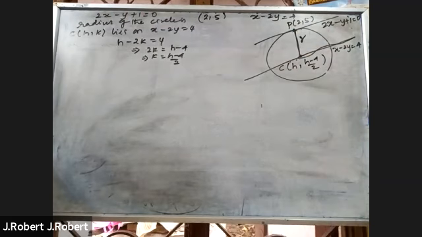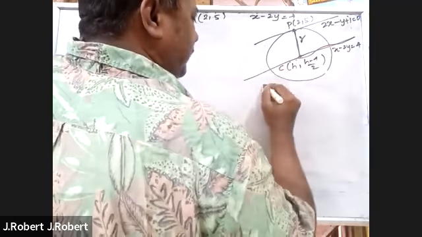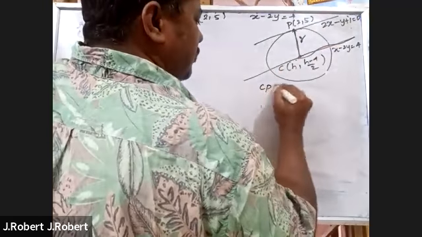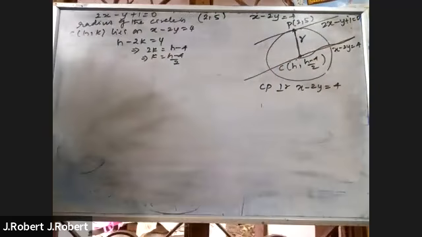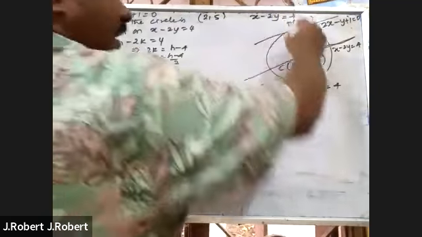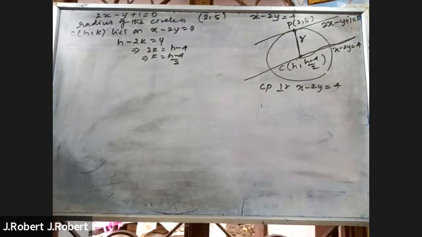So CP, where C is the center and P is a point, is perpendicular to the line. Perpendicular means the slopes satisfy m1 times m2 equals minus 1, as we know. So we need to find its slope.